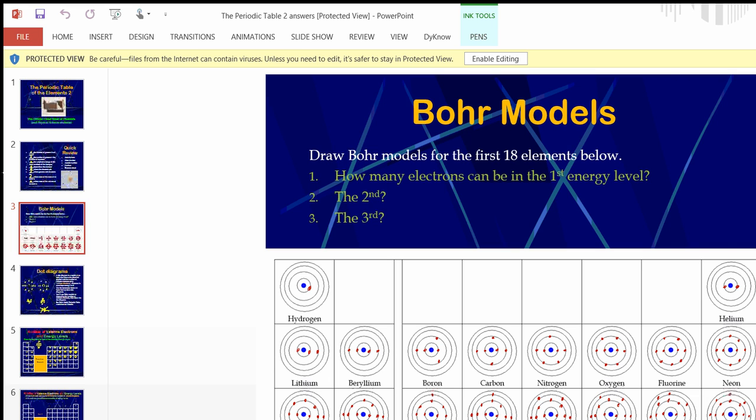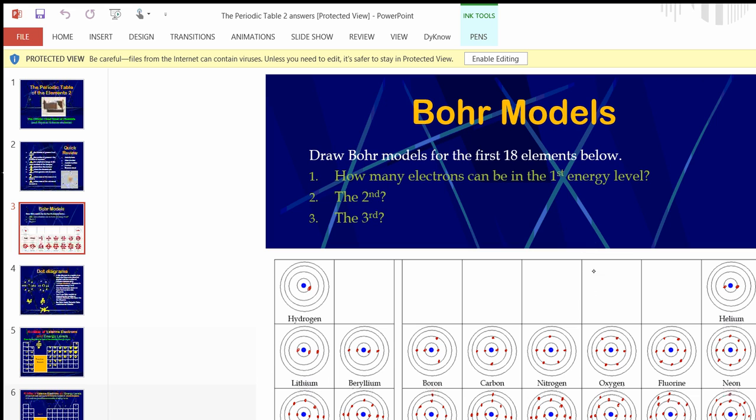Again, it will continue on down. 3 for boron and aluminum, 4 for carbon and silicon, 5 for nitrogen and phosphorus, 6 for oxygen and sulfur, 7 for fluorine and chlorine, 8 for neon and argon. Notice that helium only has 2. That's an irregularity in the pattern that you just have to learn. You just have to remember that helium has 2.